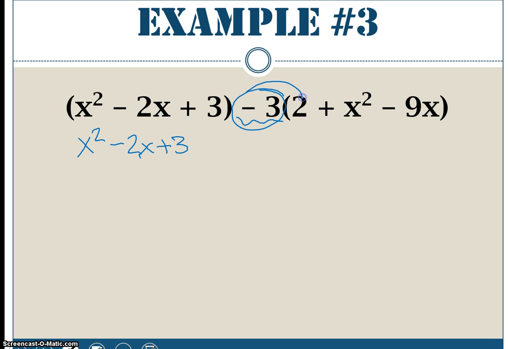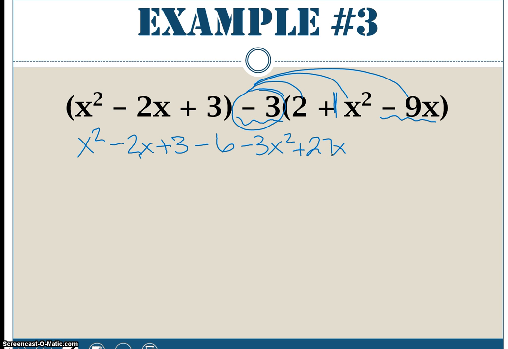So I'm going to do negative 3 times 2, negative 3 times 1x squared, and negative 3 times a negative 9x. So negative 3 times 2 is negative 6. Negative 3 times a positive 1 is negative 3. Keep your x squared. Negative 3 times a negative 9x is a positive 27x.